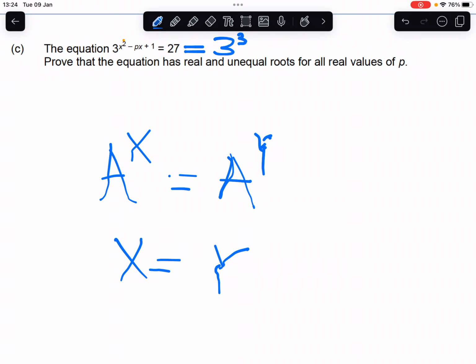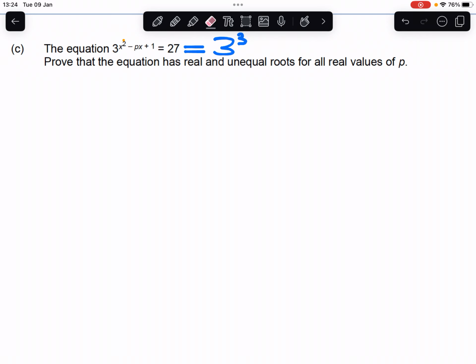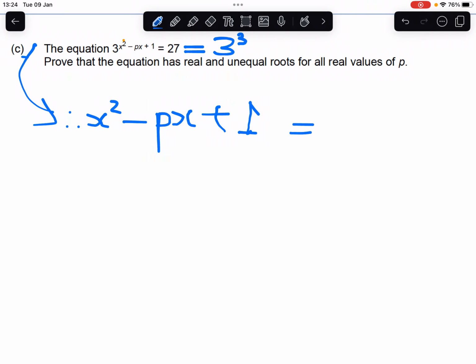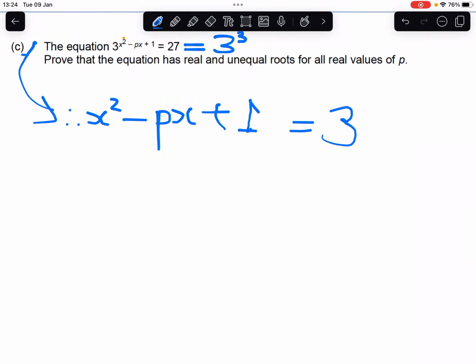So this equation transforms into an equation that's just about the exponent. We know that 3 to the x squared minus px plus 1 is equal to 27, and that must mean that x squared minus px plus 1 is equal to 3. That's the only way that first statement can be true.